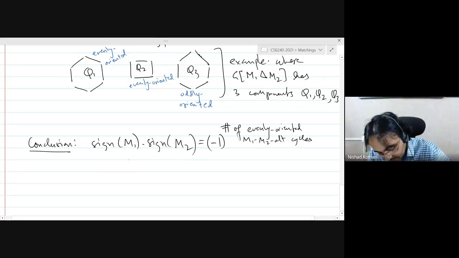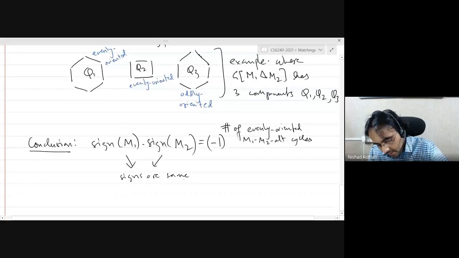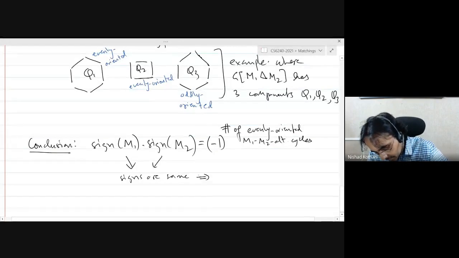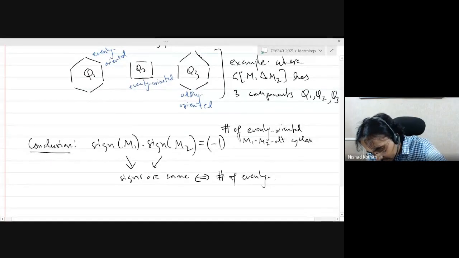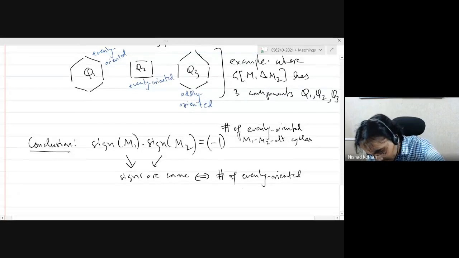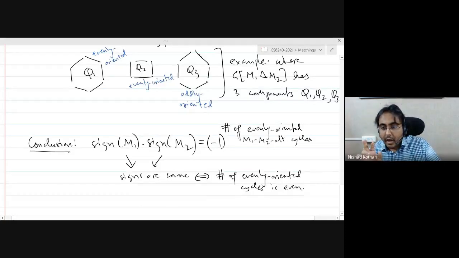So notice what this means. The signs are the same if and only if the number of evenly oriented cycles is even, right? Because if the signs are same, the product will be +1.